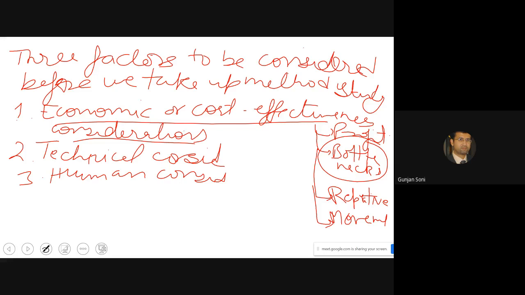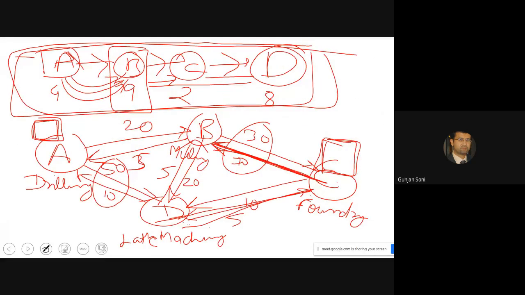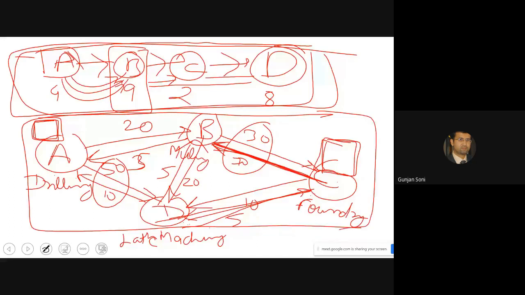Take any organization, any office. If there are, let's say, 4 or 5 departments which interact with each other in a given day, we can consider this diagram again. Let's say there are 4 departments A, B, C, D, interacting with each other through papers.